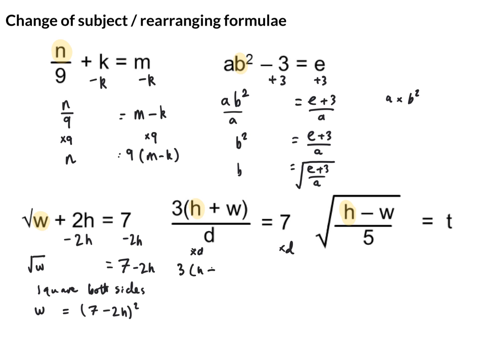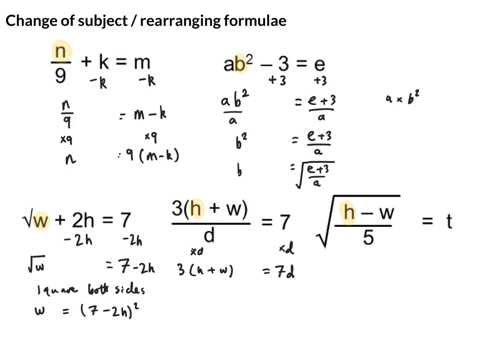The multiplication is going to cancel out that division. 7d. It's important to realise here that the SQA won't accept 7 times d there, because everything needs to be written in its simplest form. So 7d is the simplest way to write that.